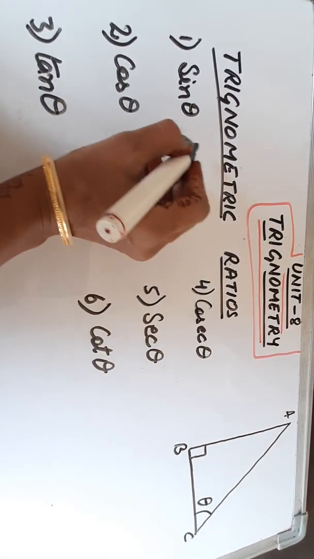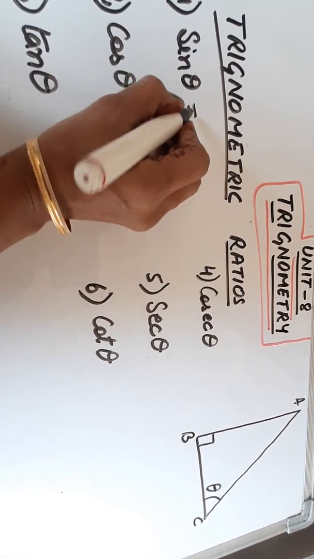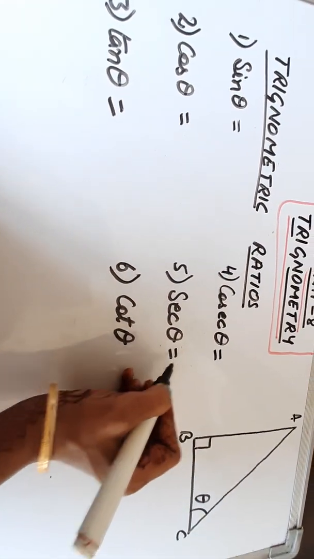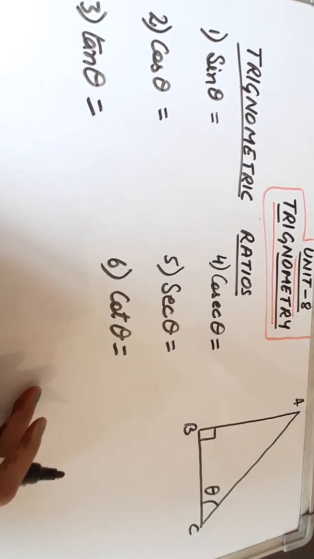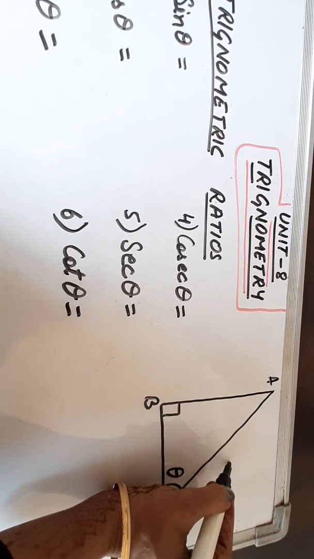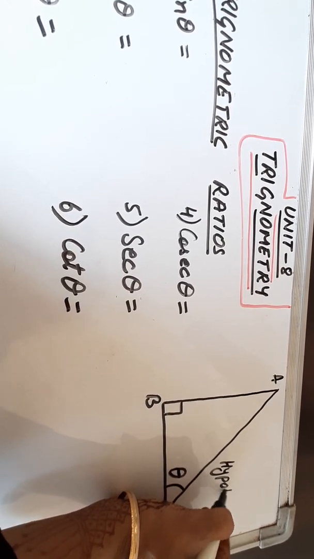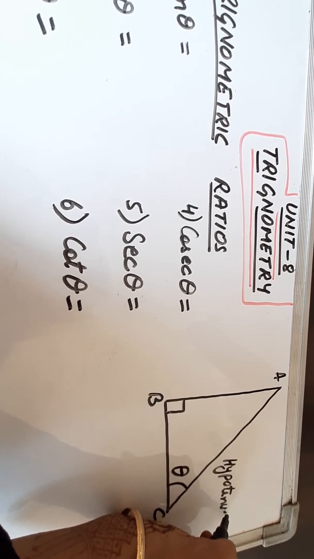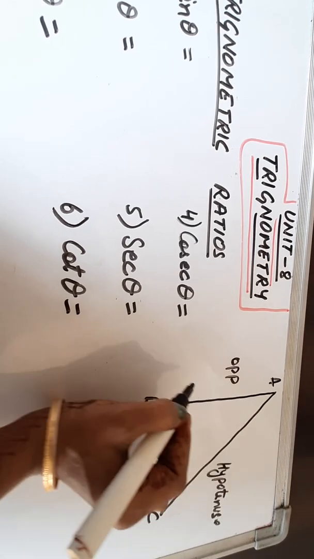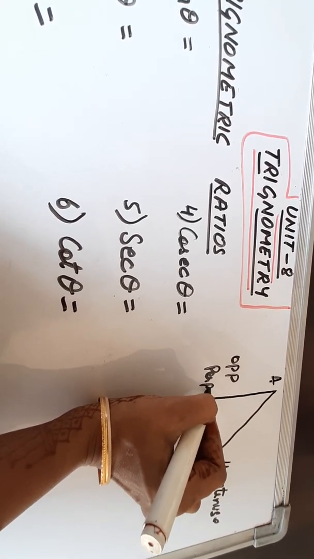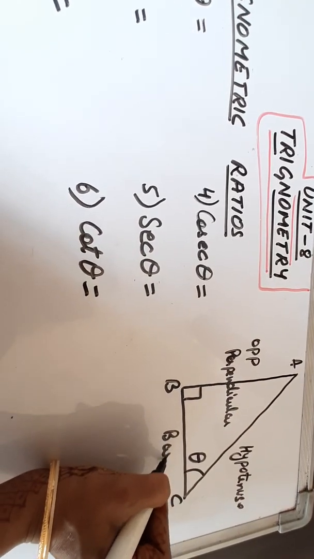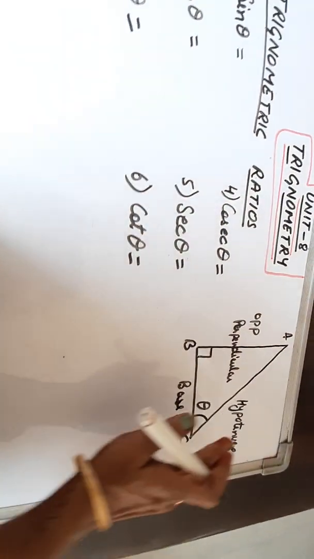Now let us discuss what their values are. For the value, I told you a method in yesterday's video. The side opposite to the 90 degree is considered as the hypotenuse. The side opposite to the angle is the opposite side, which will be considered as perpendicular, and the third remaining side will be taken as the base. So we have three sides.